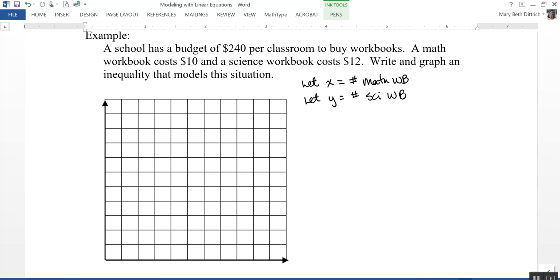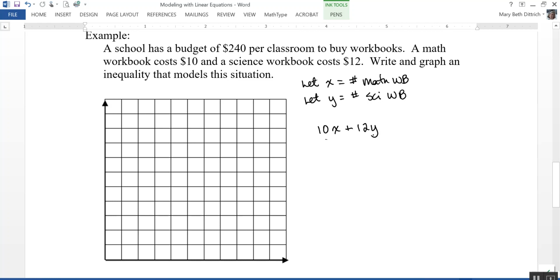The number of math workbooks doesn't depend on the number of science workbooks, or either way. But I do know that each math workbook costs $10. So the total cost of math workbooks is going to be 10x, $10 times the number of workbooks I have. Cost of the science workbooks is going to be 12 times y, because each one costs $12.